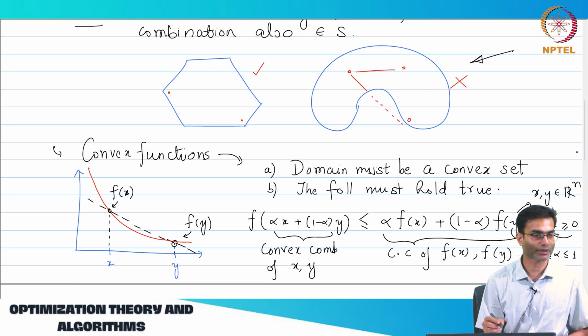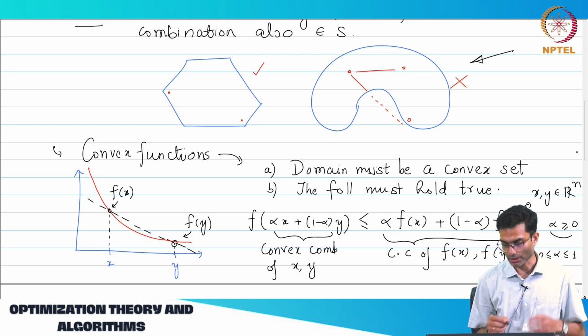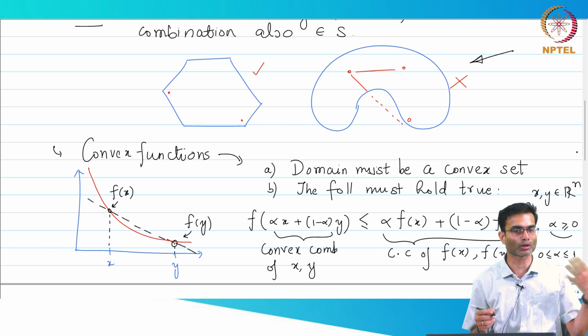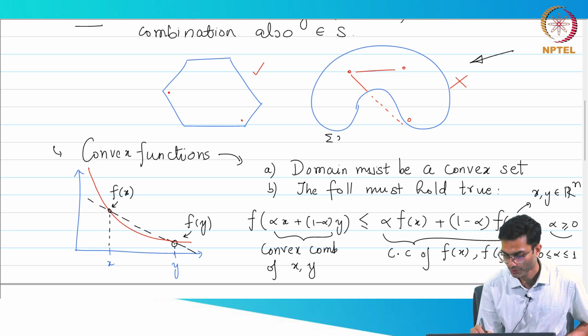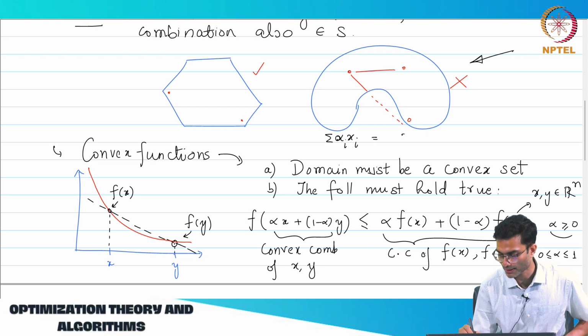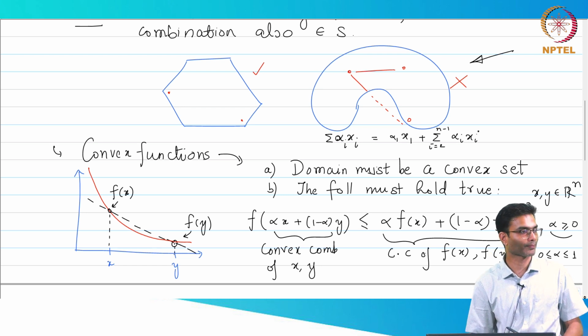As long as the summation of the coefficients is 1. Okay. The summation is going to be 1. He's saying it's a convex combination of n points. So, supposing I have summation of alpha_i x_i, I can write this as alpha_1 x_1 plus summation i equal to 2 to n of alpha_i x_i from here, right.